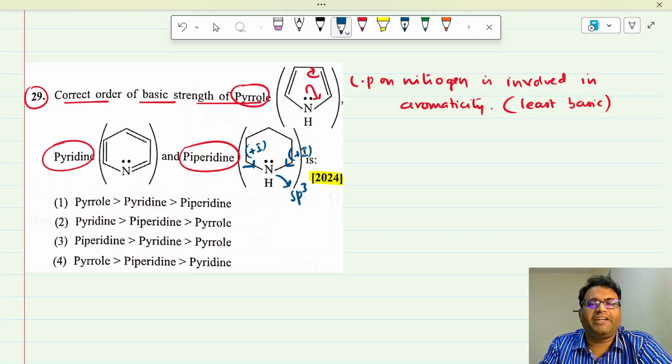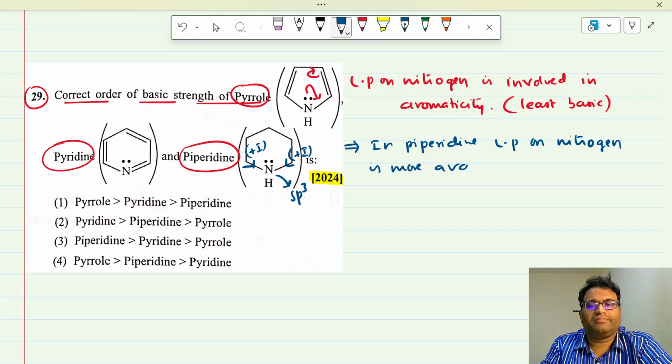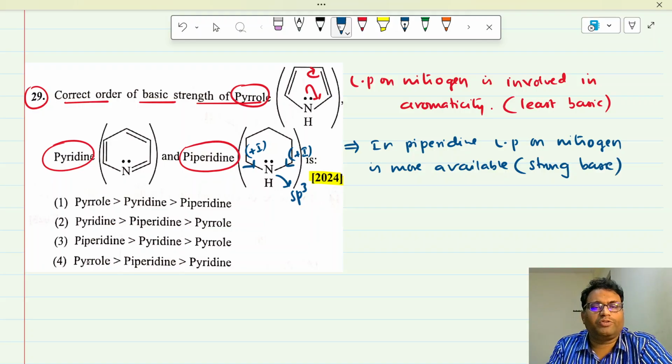So in piperidine, the lone pair on nitrogen is more available. So it is a strong base. So basic strength will be more. So piperidine most, pyrrole least.